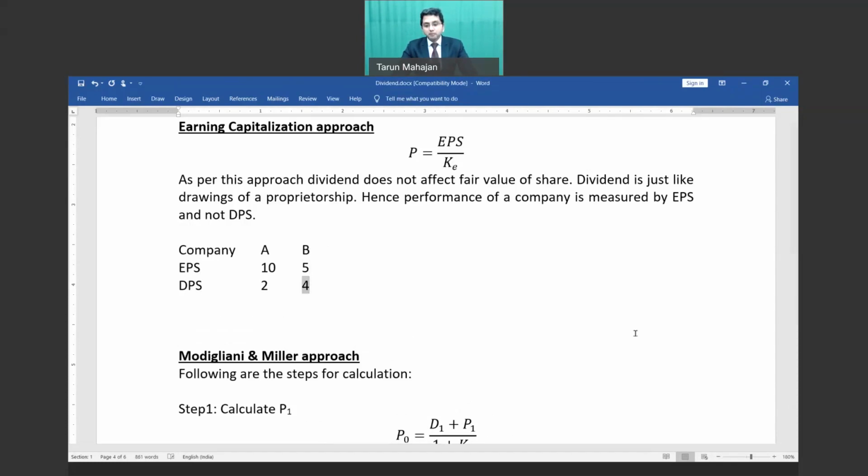So if you become member of company B, you will be getting 4 rupees, while if you become member of company A, you will be getting just a dividend of 2 rupees only. In which company would you like to invest money? A or B?